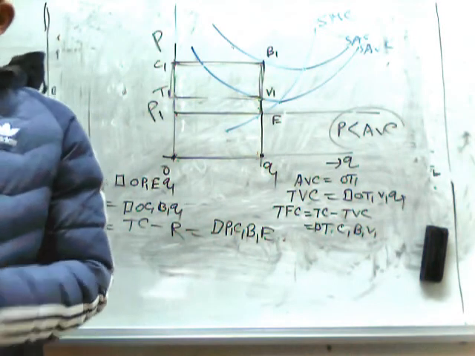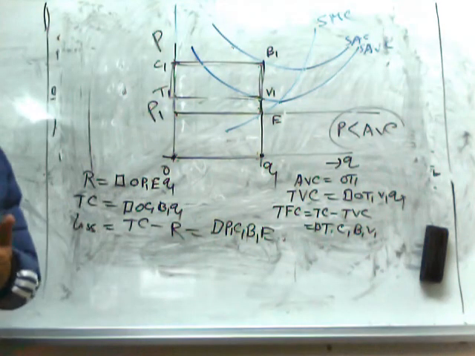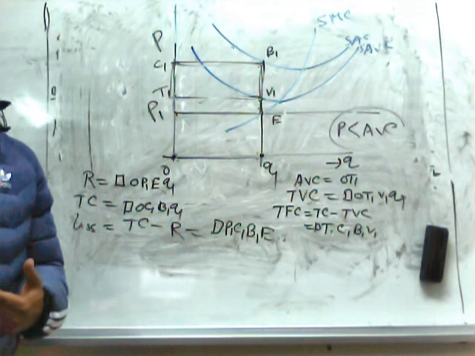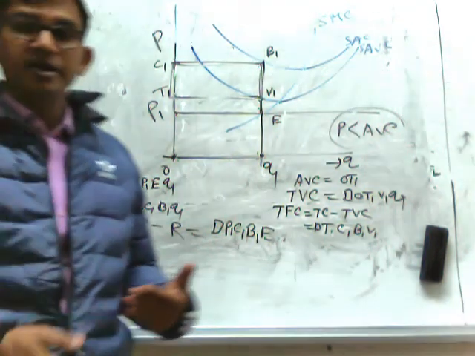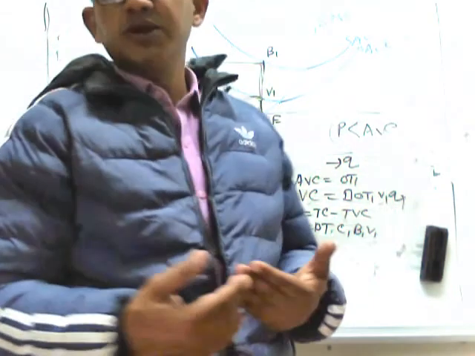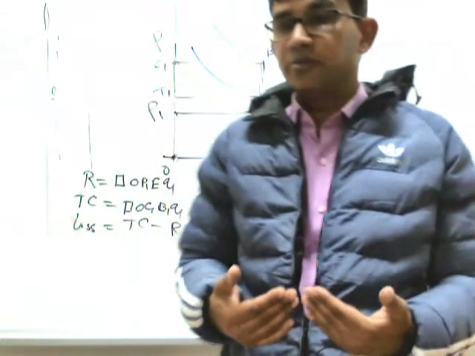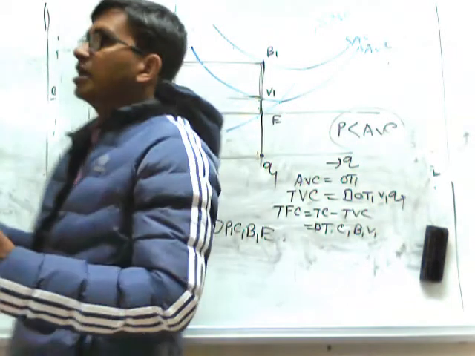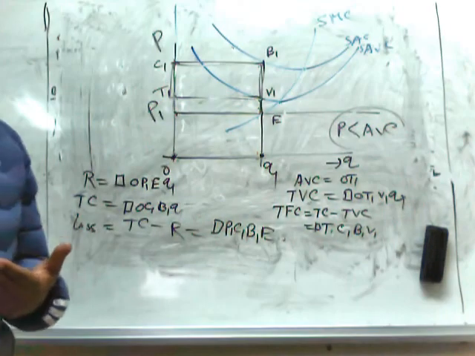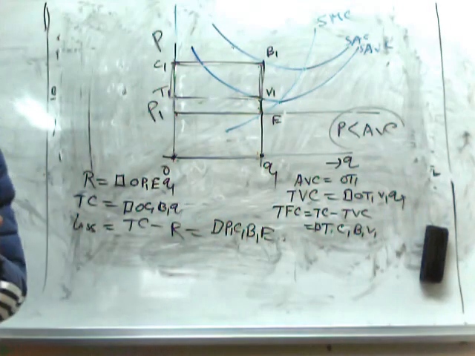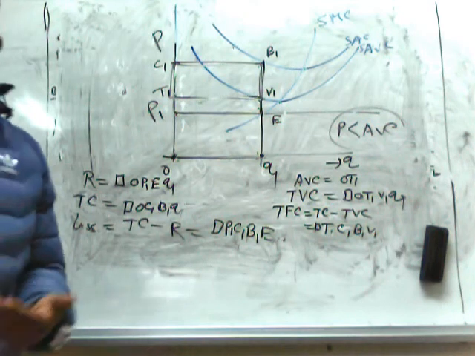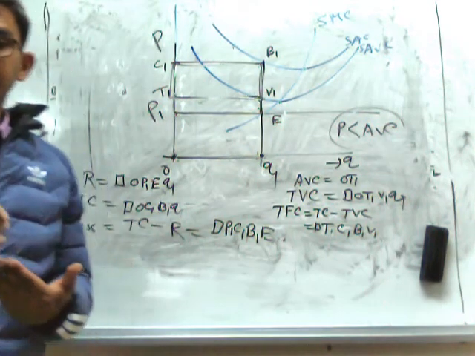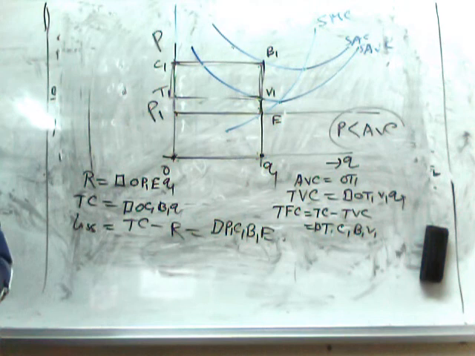If the equilibrium price is greater than average variable cost, the firm will definitely stay in the market even if it faces loss, because it will help the firm to minimize its loss. Now, if price is exactly equal to average variable cost at the equilibrium level of output, the firm remains indifferent between staying and leaving, because in both cases its loss will be the same.